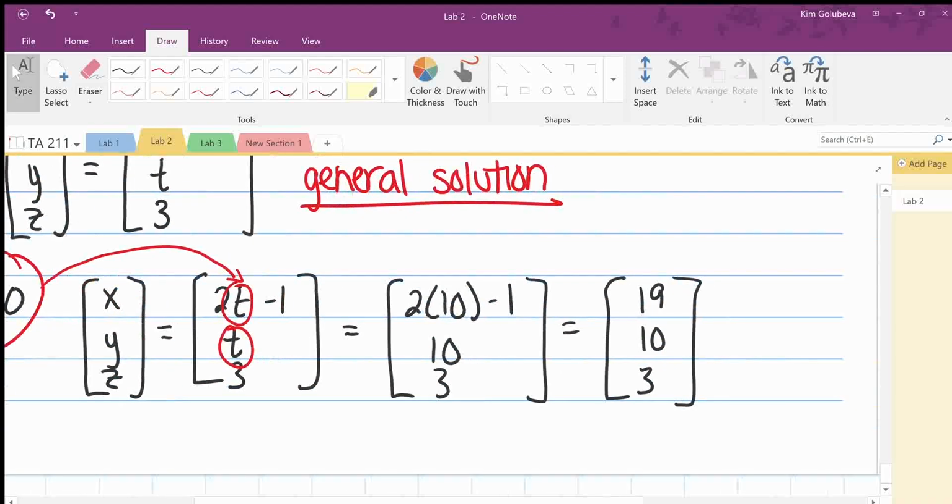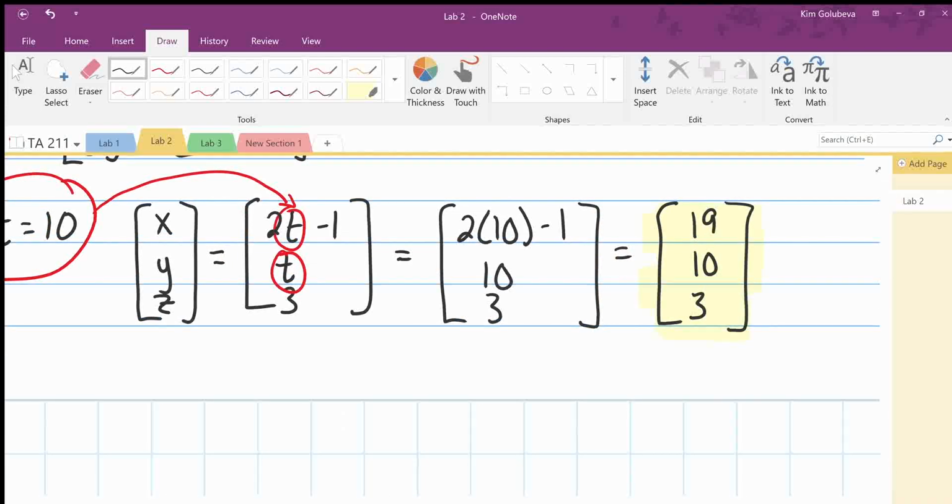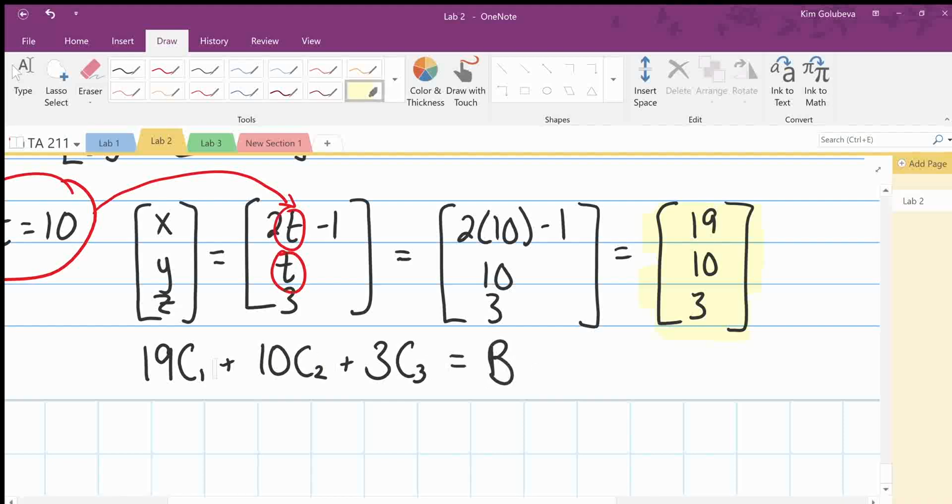So right here, this is a specific linear combination of your C1, your C2, and your C3. Another way that you could write it, how we wrote it before with the C's, we could write it as 19C1 plus 10C2 plus 3C3 equals our B. Okay, so this is an example.